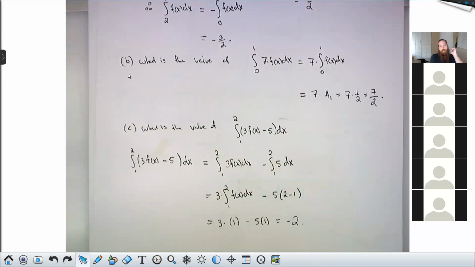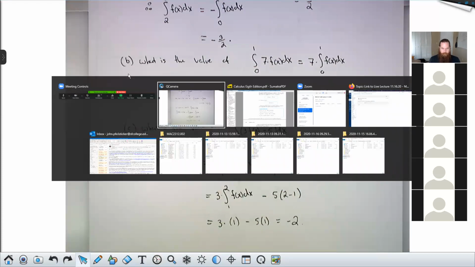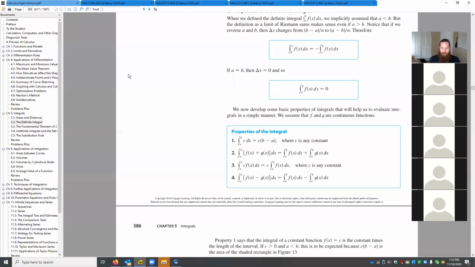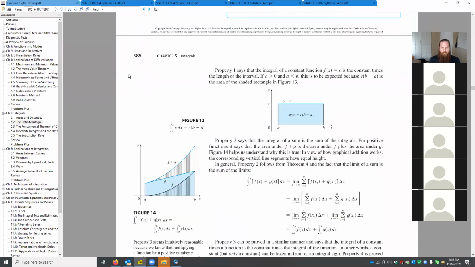So plenty of your homework this week is going to be just this sort of thing. Playing around with these basic algebraic properties of the integral, thinking about things as areas. Let's see how we're doing for time. Okay, we're doing good. There are some other fun properties having to do with symmetries.